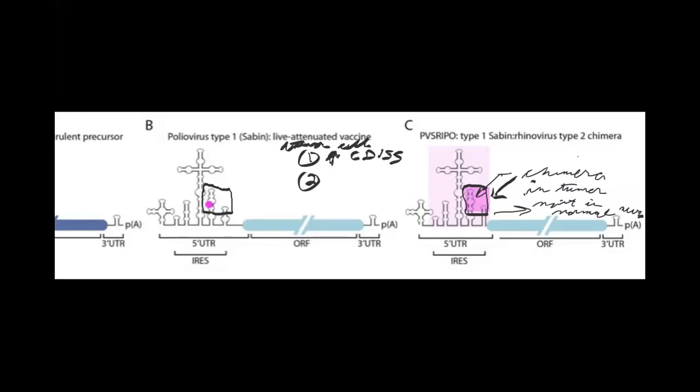And in the tumor cell, there are things in the cell that's going on that allows for recruitment to take place. So in a normal cell, there are inhibitory factors that prevent recruitment in this region. But in the tumor cell, it allows for recruitment, and then it allows for the translation. And then because we have proteins that are taking place for the PVSRIPO, or I'll just call this the glioblastoma treatment, it'll recruit immune cells to start trying to kill the tumor cells.